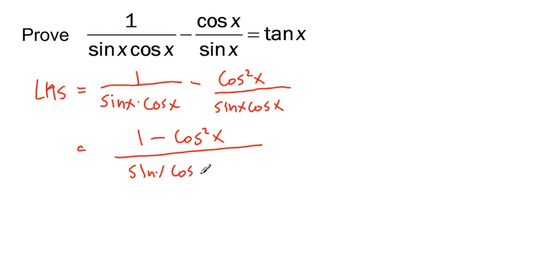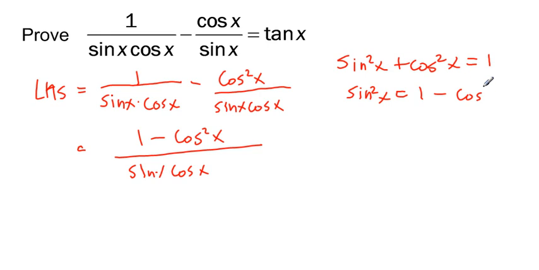So this guy right here is my Pythagorean identity, and I like to say it's kind of in the skies here. We should know that sine squared x plus cos squared x is equal to 1. So if I rearrange this and solve for sine squared x, what I end up with is 1 minus cos squared x.